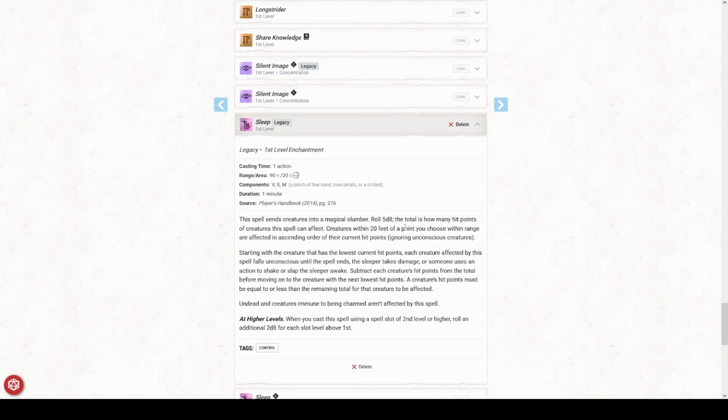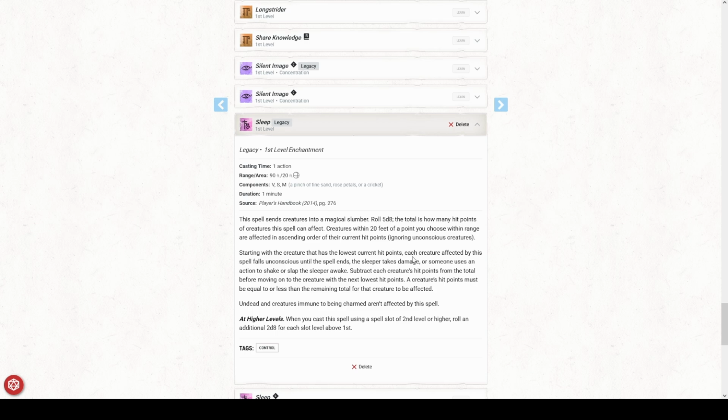You roll 5d8. However high you roll, you must hit a threshold on a creature's hit points to put them to sleep. So if they're damaged, this spell is easier to cast on them. If I remember correctly, it has some caveats. This starts with the creature with the lowest hit points, and then goes up from there.